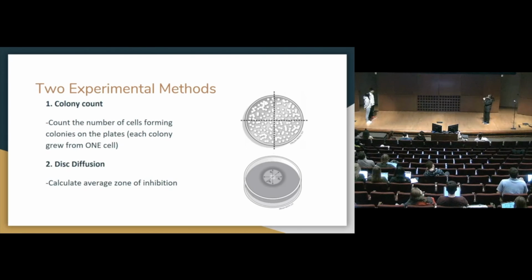The colony count method counts the number of cells forming colonies on the plates. And the disk diffusion method calculates the average zone of inhibition. And here are the two figures that show these two methods.